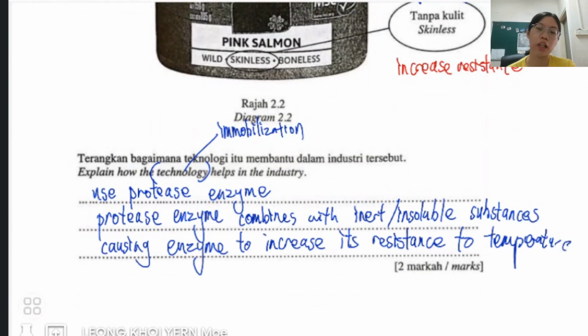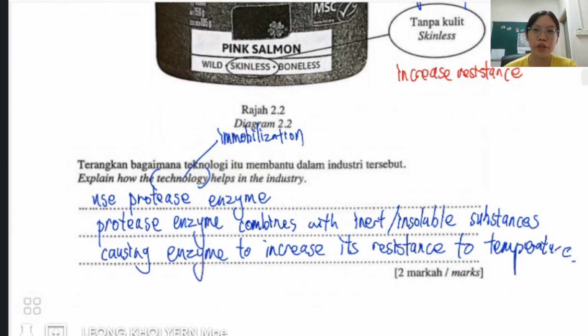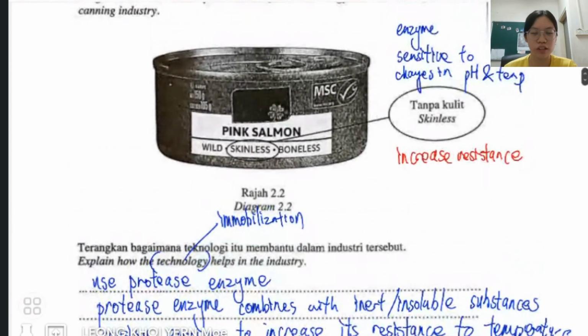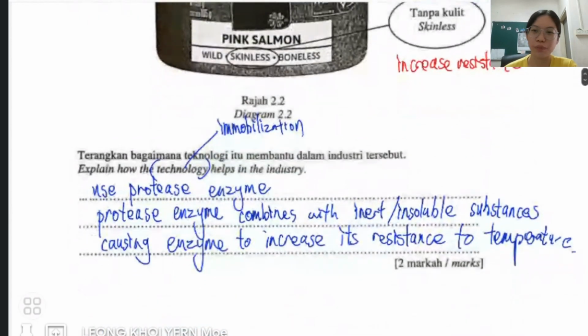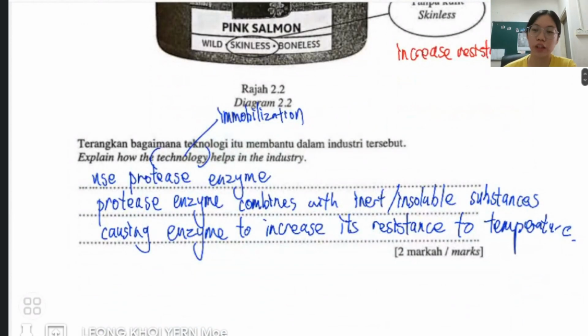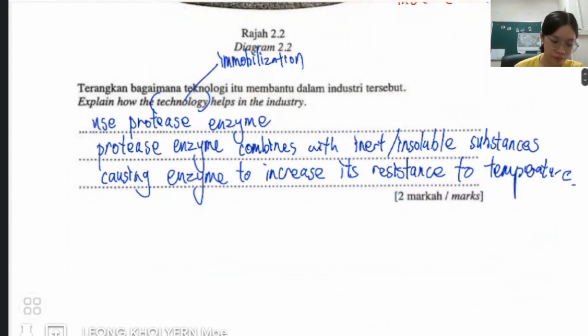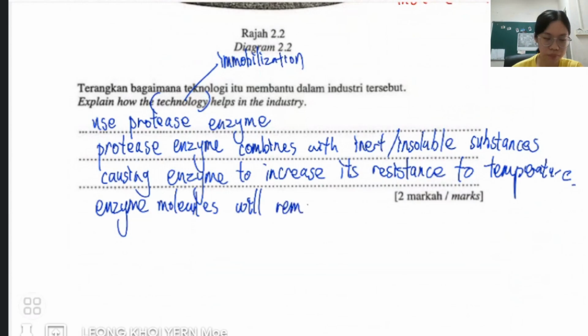Because normally when they produce this, the surrounding temperature is very hot. So basically they want it to increase its resistance to the changes in temperature. Other than that, the enzyme molecule will remain in the same position throughout the whole reaction.